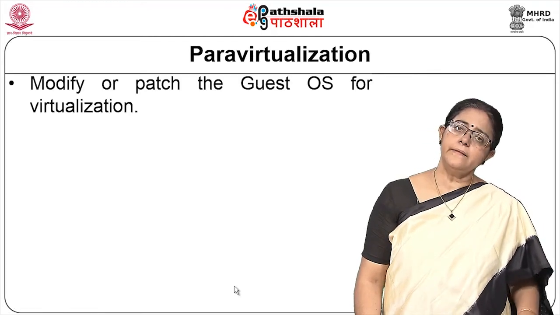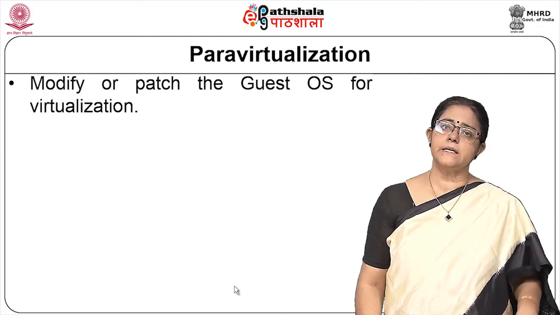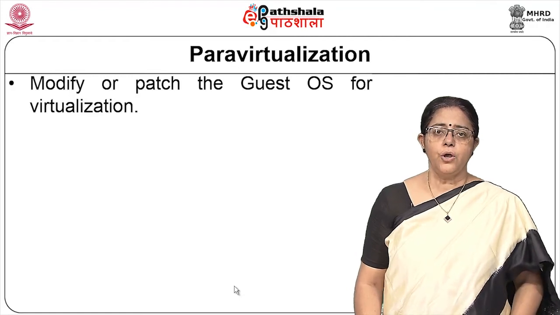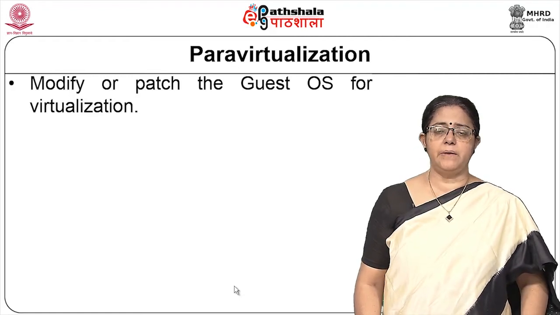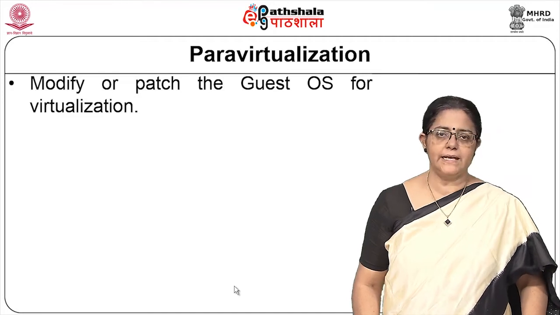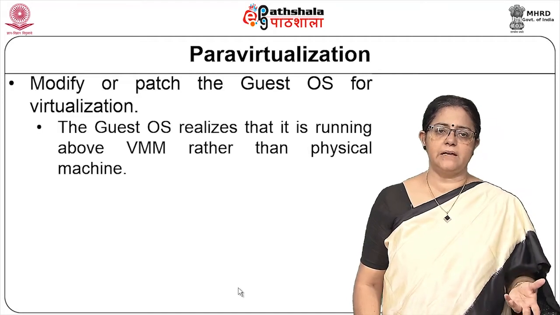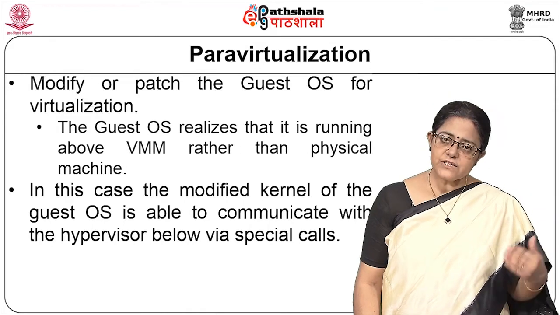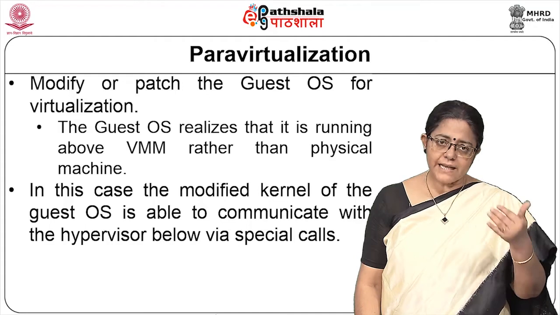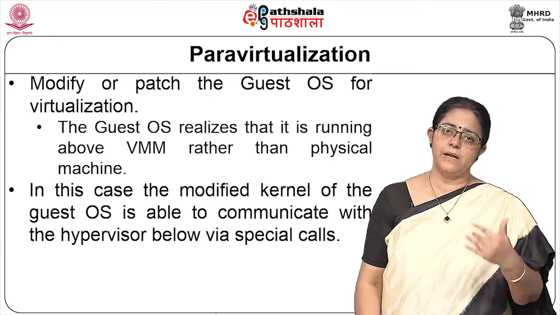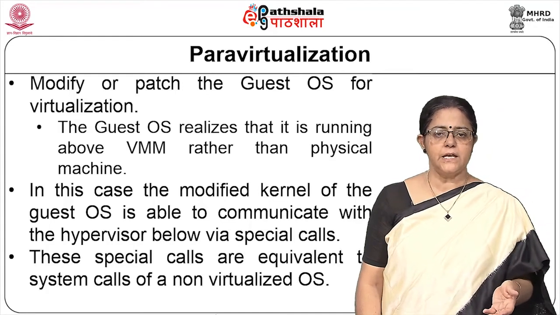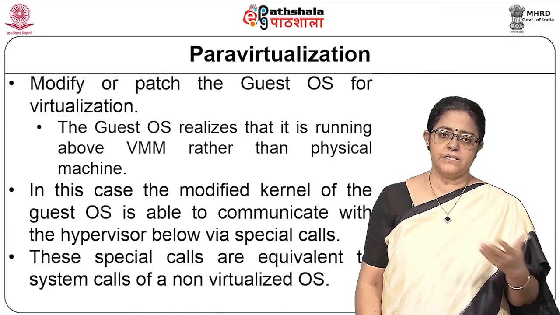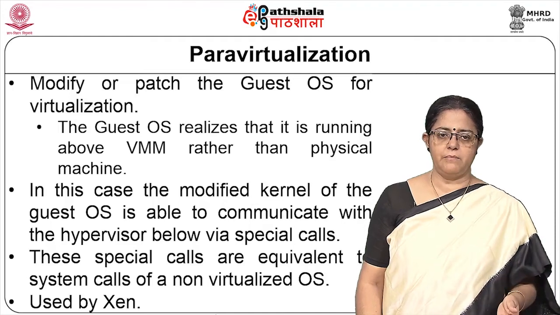Here, rather than letting the guest OS think that it is running at the highest privilege mode, the suggestion was to modify the guest OS a little bit to make it aware that there is a VMM. So, the guest OS is aware that it does not have the privileges, and therefore it will generate a call which will trap to the VMM itself.